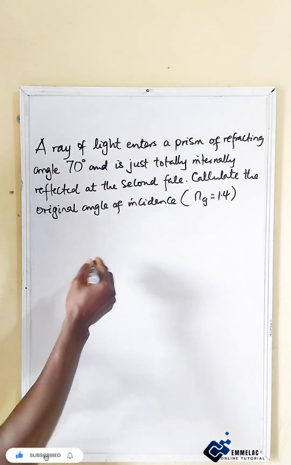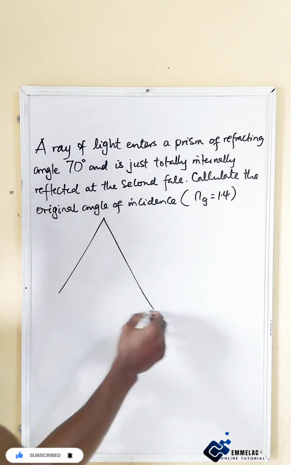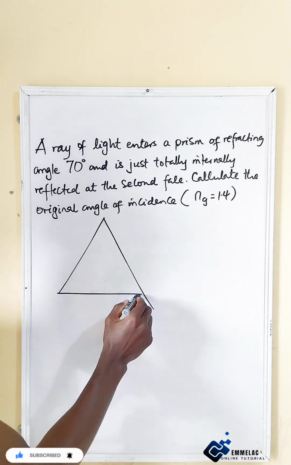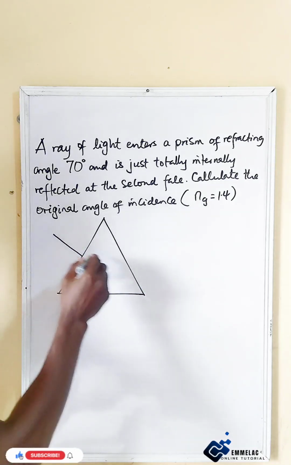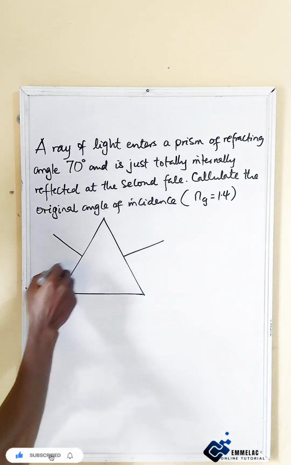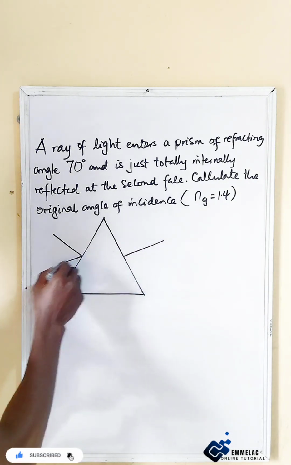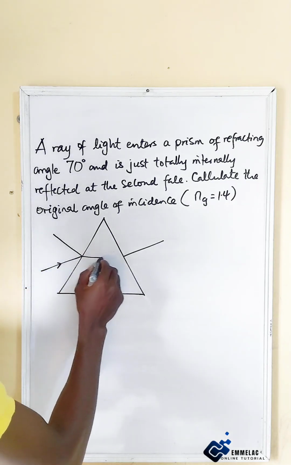Now I want to draw the diagram to use it to explain better. Let's assume this is the prism, and this is our normal. This is the incident ray, and it went like this.